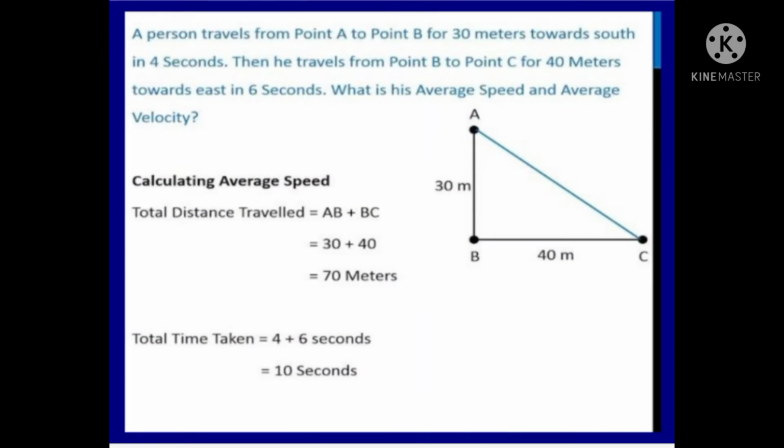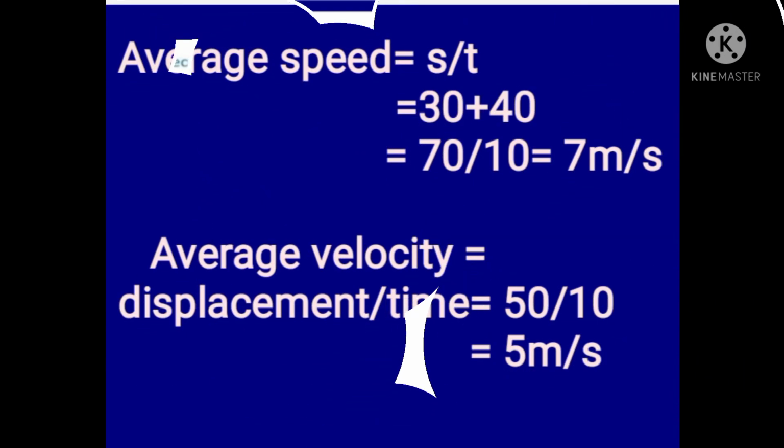Students, we are going to solve a problem related to average speed and average velocity. Read this problem carefully. In this problem, a person travels from A to B, that is 30 meter in 4 seconds, and again B to C, that is 40 meter in 6 seconds. So what is the average speed and average velocity in this case?